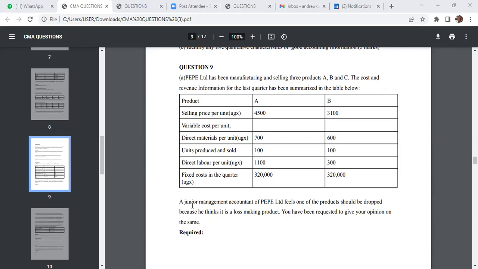When you deduct those, this gives us total variable cost. I hope I'm not being too fast. You know these.